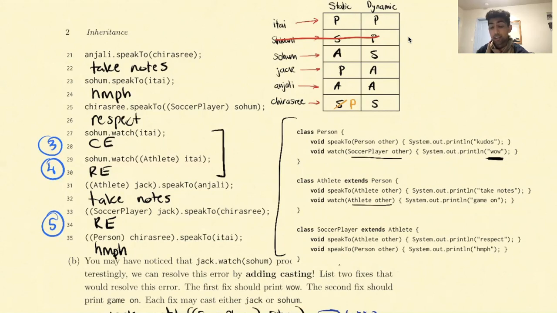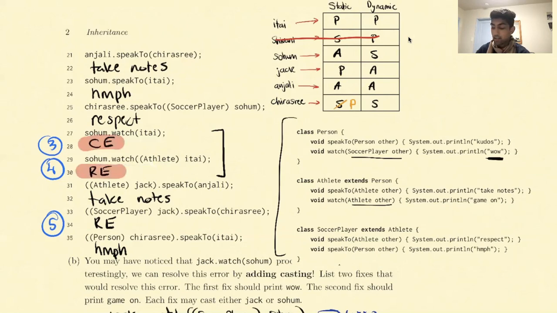The reason it'll never occur is because Itai is of dynamic type person. Itai is a person. So we can never cast Itai to be a soccer player or an athlete, because that will be an invalid cast. Accordingly, we know that both of these lines are ultimately executing the watch method with Itai passed in as an argument. But if Itai can never be passed into the watch method, both of these lines could never possibly occur. So what we can say is that there's no possible fix for these two.